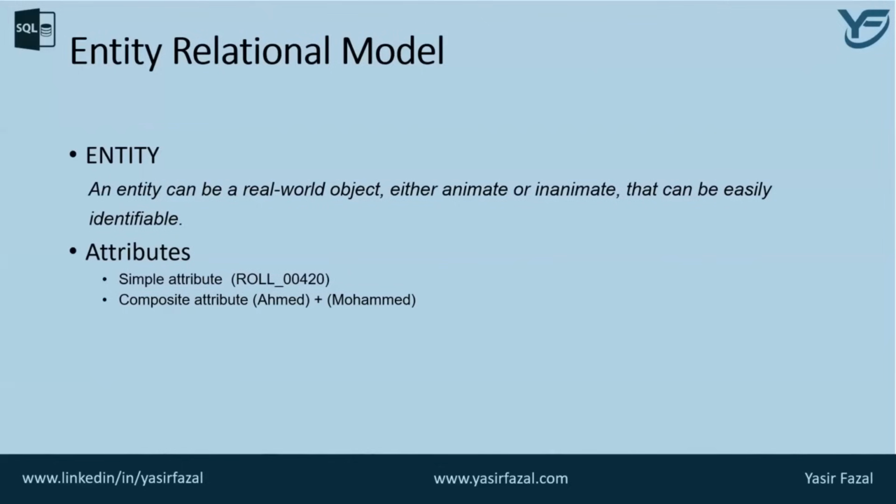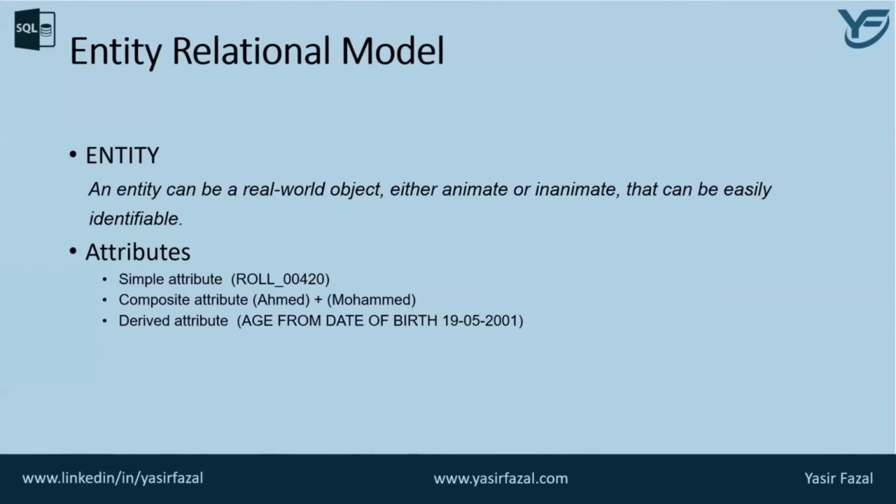Ahmed and Mohammed could be the first and last name of one person's name. So when I concatenate or combine them, I will get a composite attribute, which could be Ahmed Muhammad.